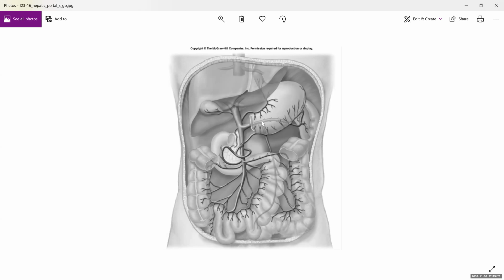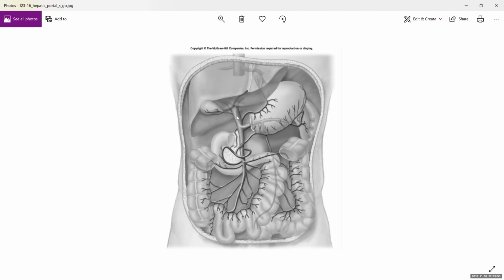Inferior mesenteric vein. Sometimes it may come over here. So that's the inferior mesenteric vein. Name this vein here. Superior mesenteric vein. Name this vein over here. Hepatic portal vein.